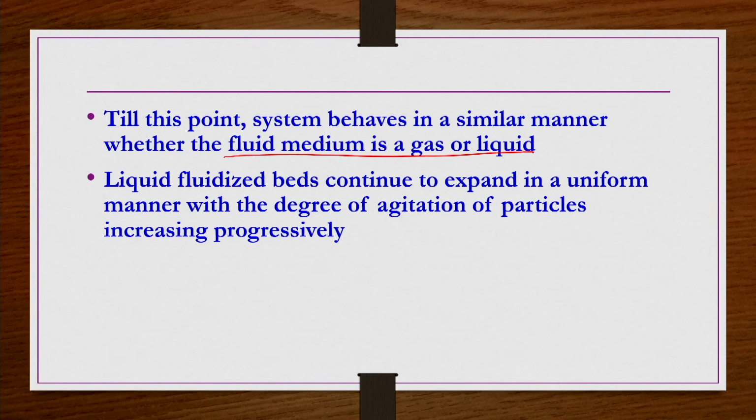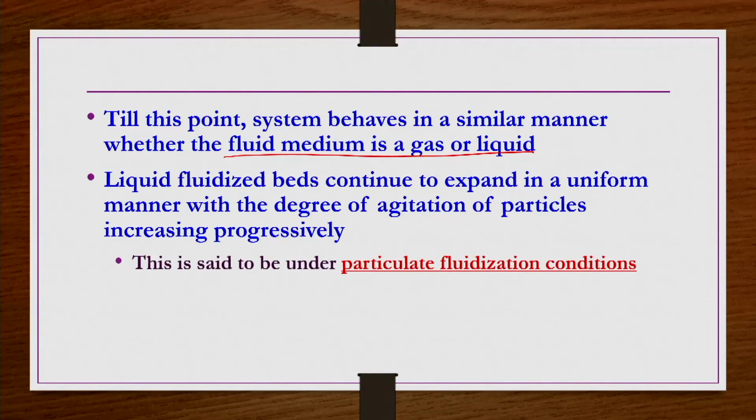Till that breakthrough point, whether it is a gas solid system or a liquid solid system, it behaves similarly. After that, if you have a liquid solid system, a liquid fluidized bed, the bed is going to expand in a more uniform way with the degree of agitation of particles increasing progressively.